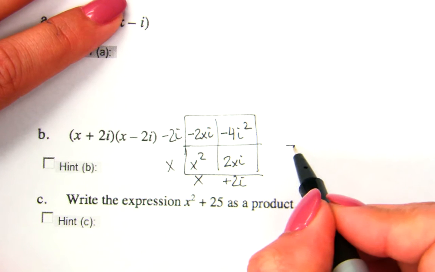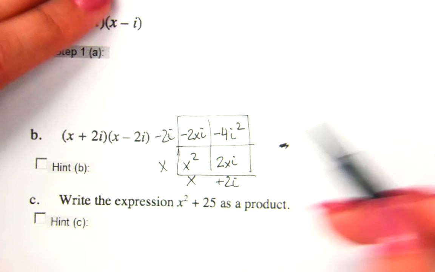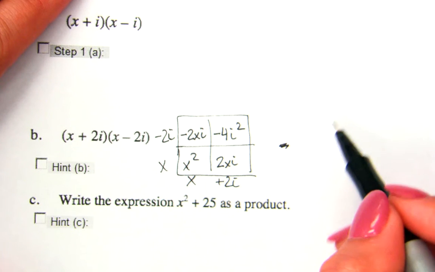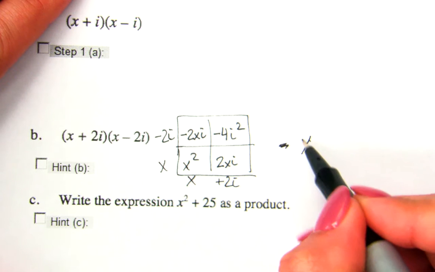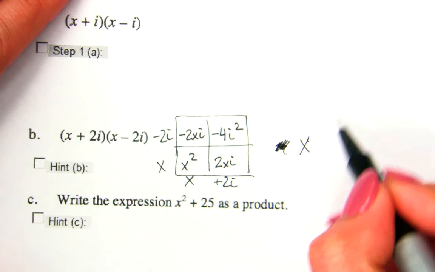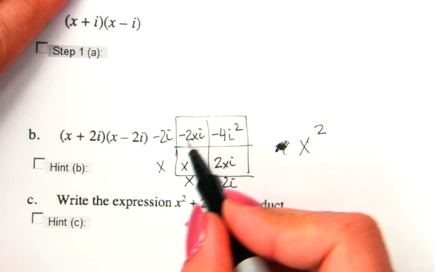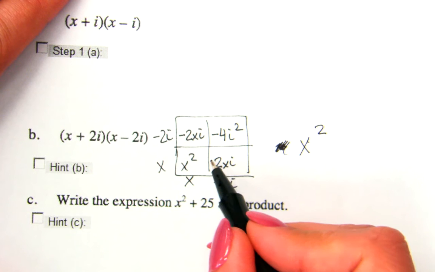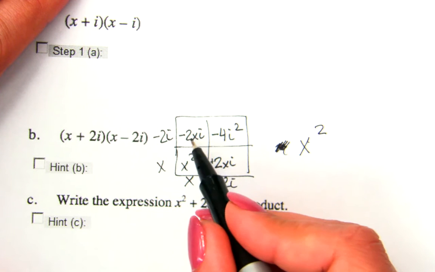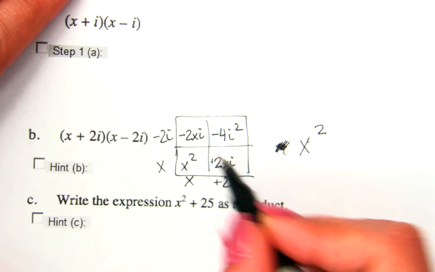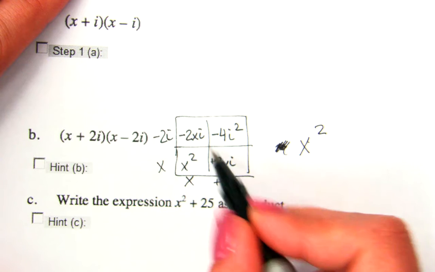And to clean this up, because that's technically what we're trying to do, to simplify it, even though it doesn't say that. Sorry, that's a blob, not a minus. We have x squared plus 2xi minus 2xi. So that pretty much cancels each other out because they're both the same. One's positive, one's negative.